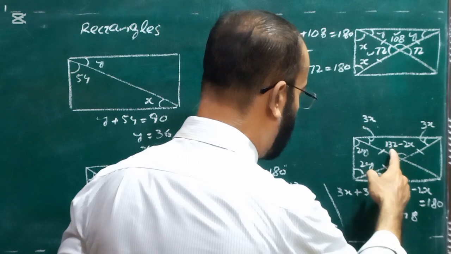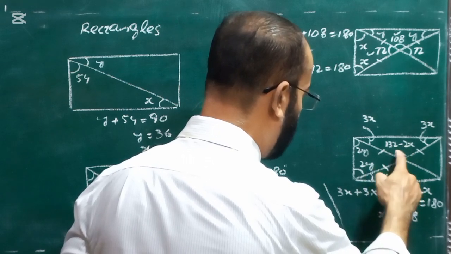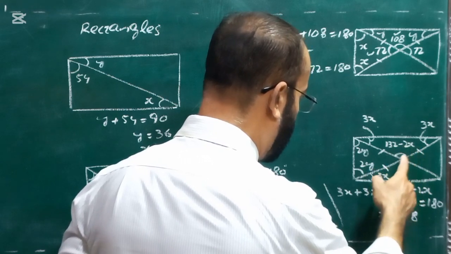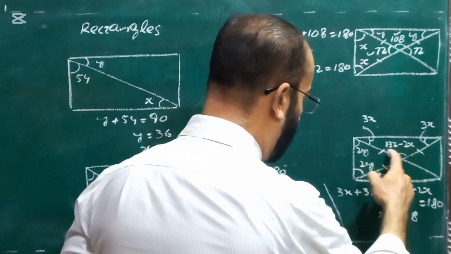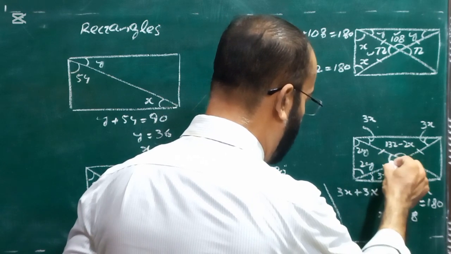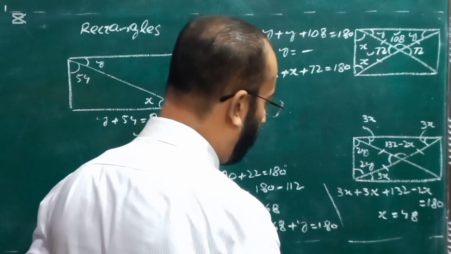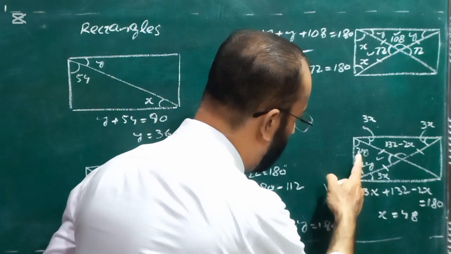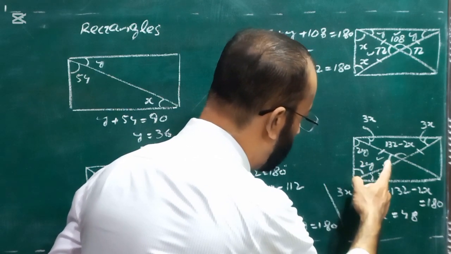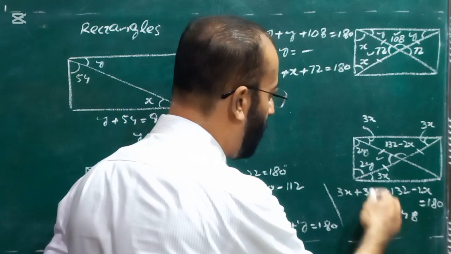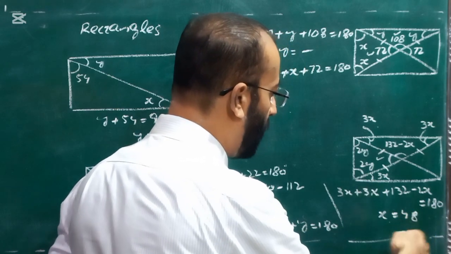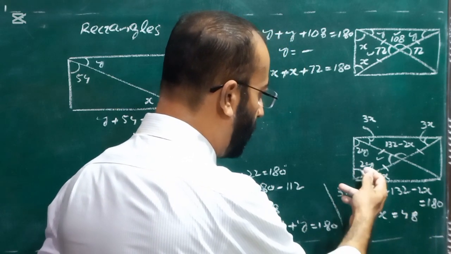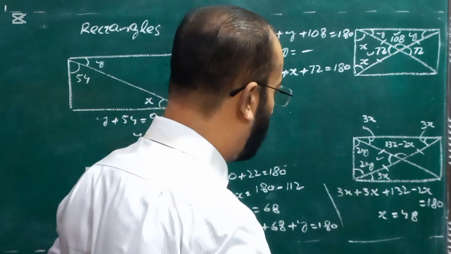So 96 will be subtracted from 132. So this will be the angle, and this is a straight line. So subtract this full angle from 180 degrees, you will get this angle. And then things will be much easier, because you will add 2y plus this angle equal to 180 degrees, and that step will sort out the answer of y.